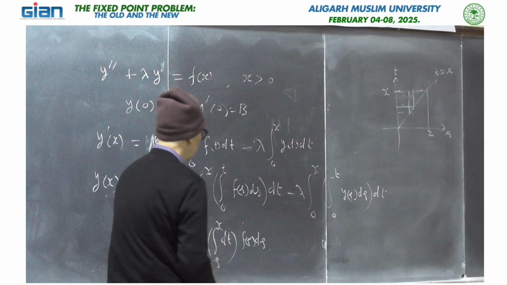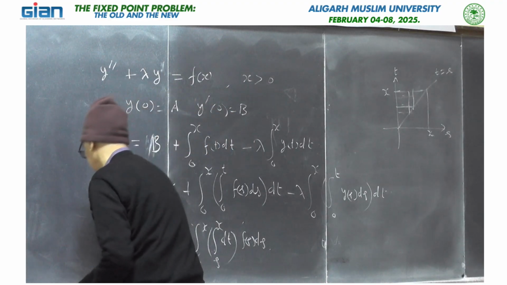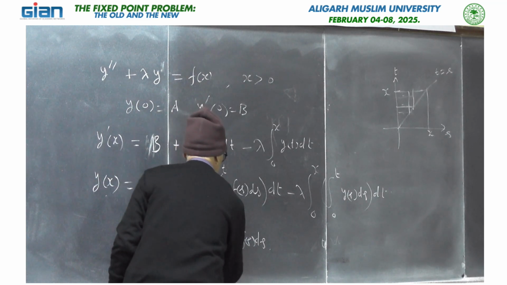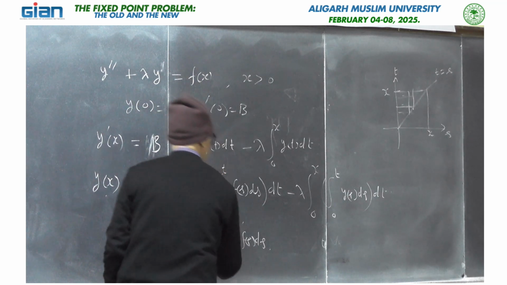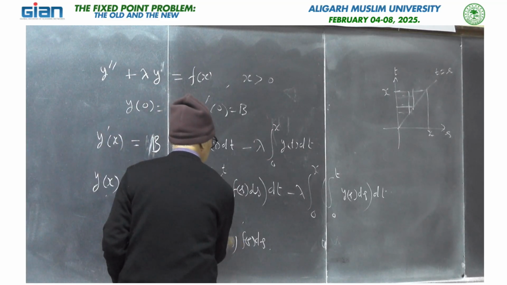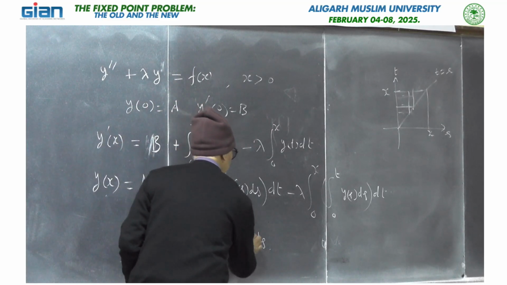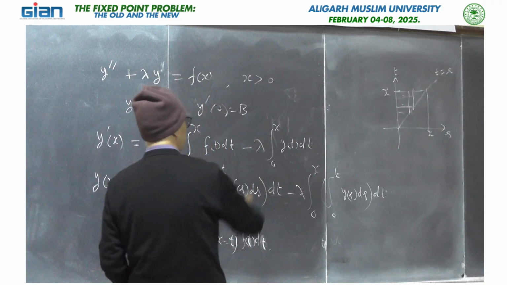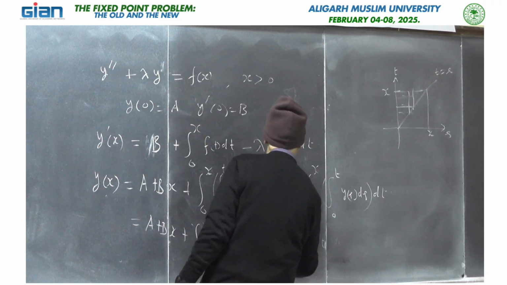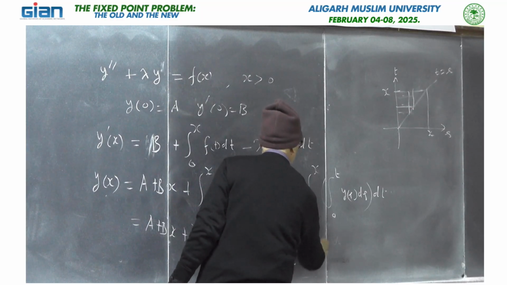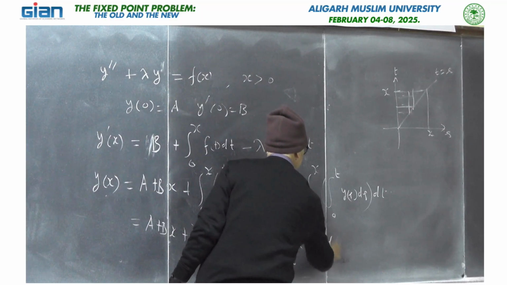So this will give me simply x minus s. So, (x minus s) f(s) ds, and I can then change this s to t, because those are dummy variables. Like this, and the same thing goes with that lambda, the integral from 0 to x of (x minus t) y(t) dt.